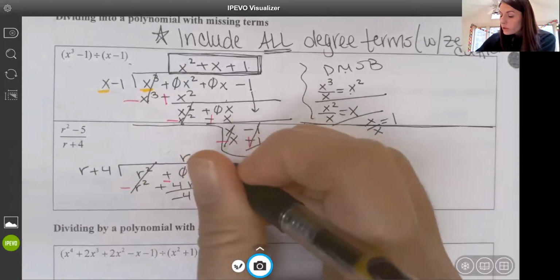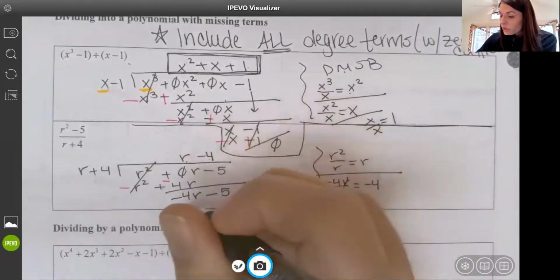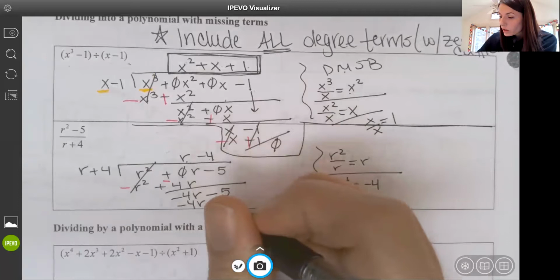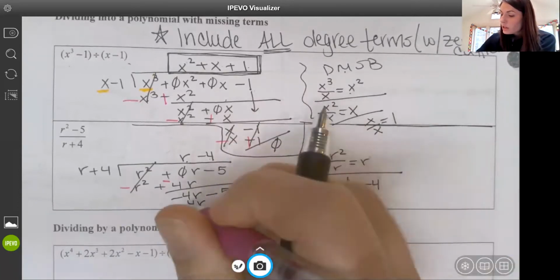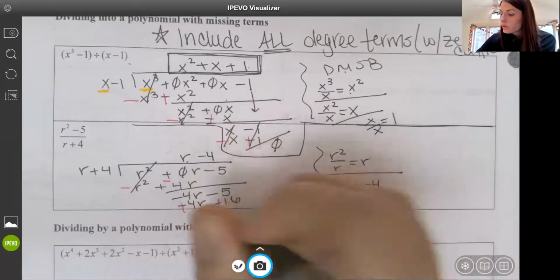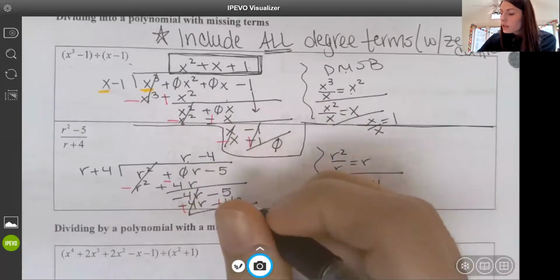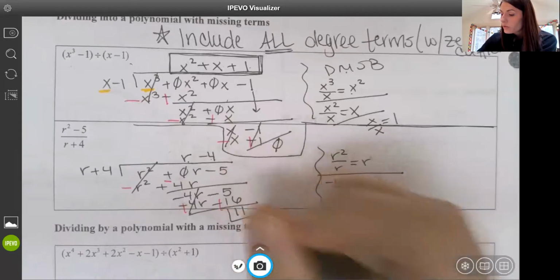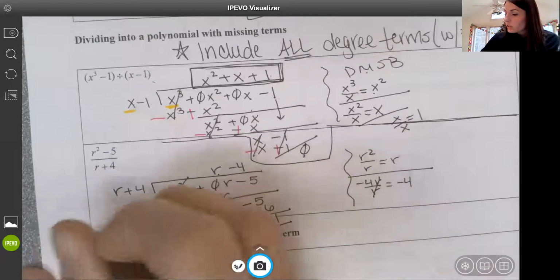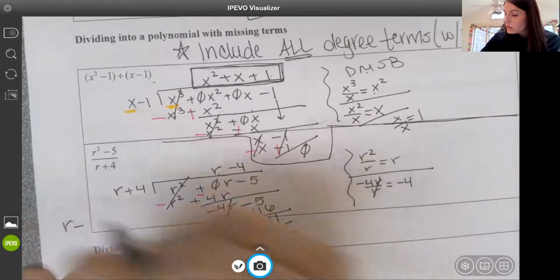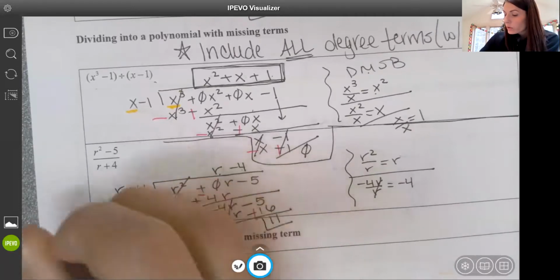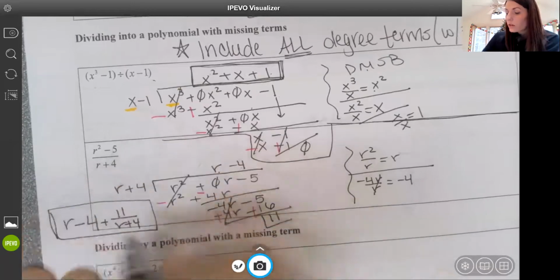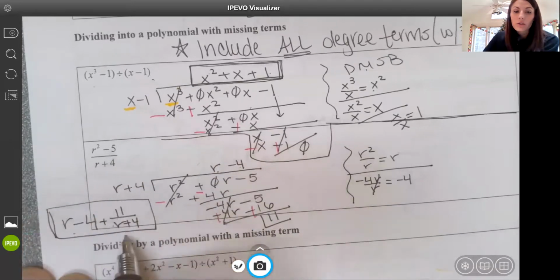Take that negative 4 in our quotient, multiply it out front: negative 4r minus 16. Subtract. These cancel, and it's going to leave me with 11 for a remainder. So my final answer will be r minus 4 plus 11 over r plus 4. Quotient plus remainder over divisor.